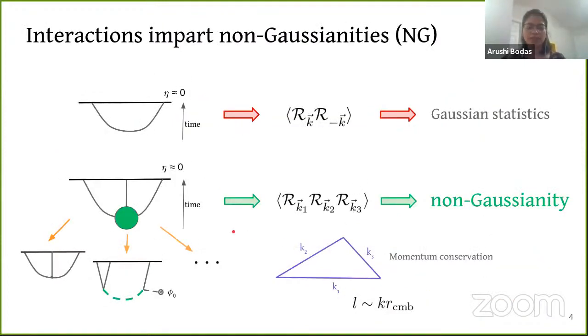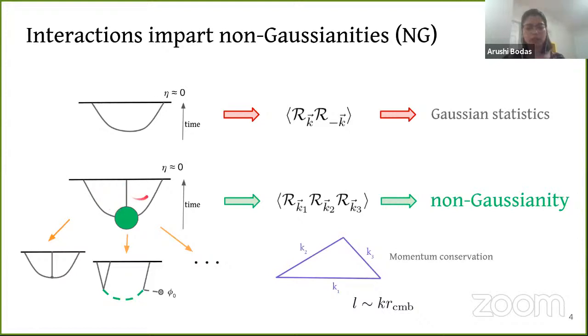So one of the ways that these new interactions can change the statistics is by imparting non-Gaussianities through interactions. As I said, the simplest scenario is that there is a single free scalar field and its quantum fluctuations are just completely described by the 2-point function of this scalar field, which gives us Gaussian statistics. But if you have any small interaction, then it can impart higher n-point functions.